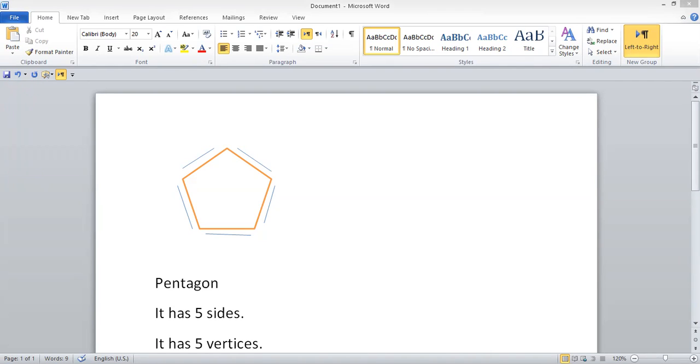Okay, and how many sides are there in semicircle? How many sides are there in semicircle? No, there are 2 sides, not one. Okay, there are 2 sides in semicircle.